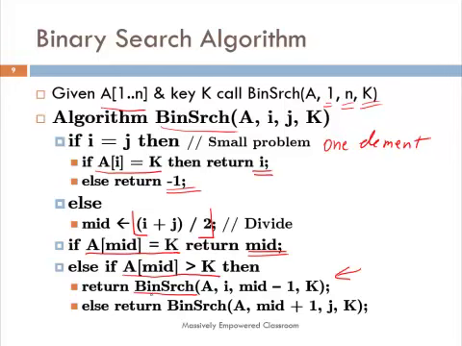If A[mid] is less than k, that means the key is going to be found in the right part, the second half of the array. So we again call binary search recursively, and we go from mid +1 to j.